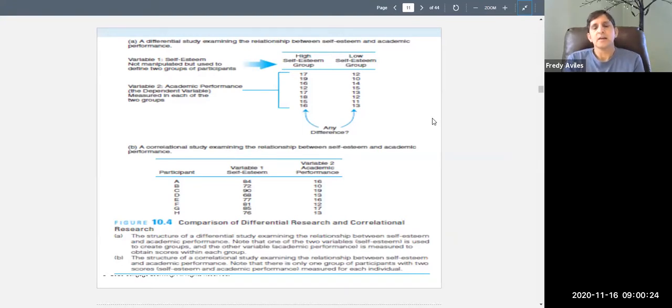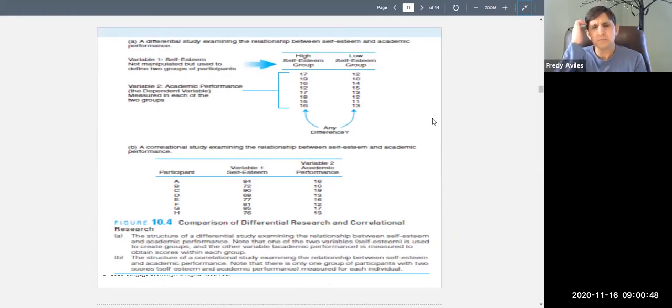Or said another way, if there's a difference in self-esteem between males and females, then if you do a correlation between sex and self-esteem, you will find that there's a significant correlation there.